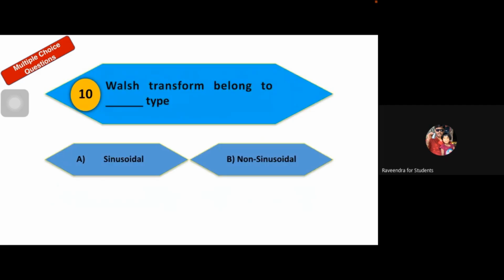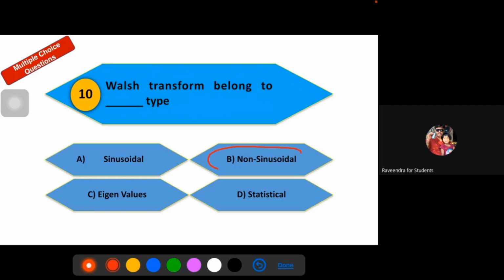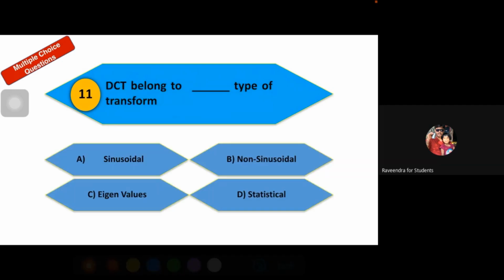The next one, Walsh transform belongs to dash type. So Walsh transform basically consists of the binary values of either +1 or -1, which is non-sinusoidal. Then 11th, DCT belongs to dash type of transform. DCT, discrete cosine transform.